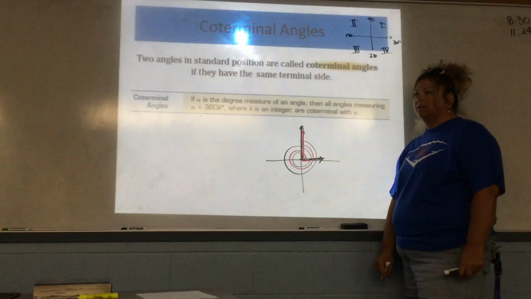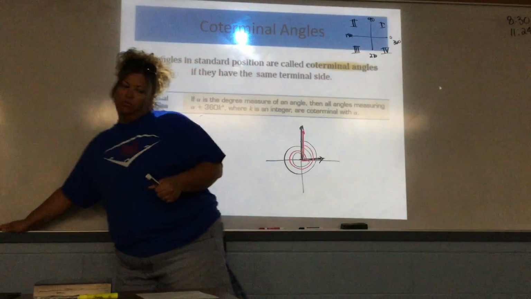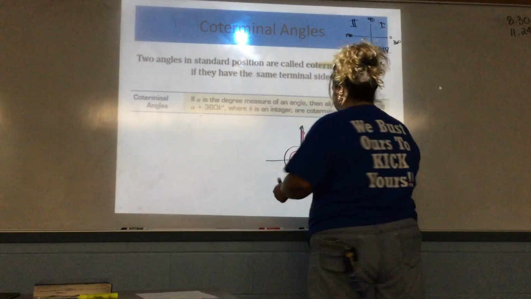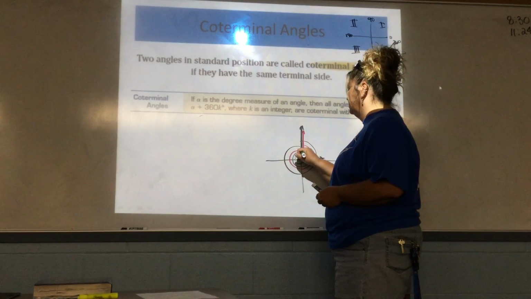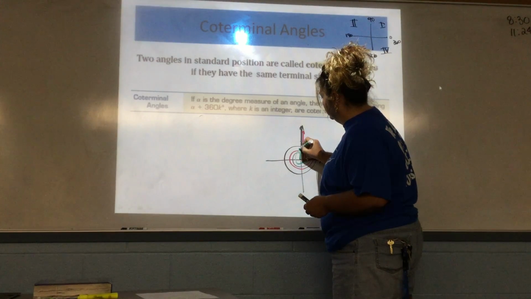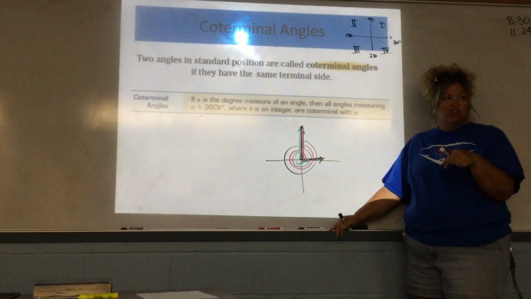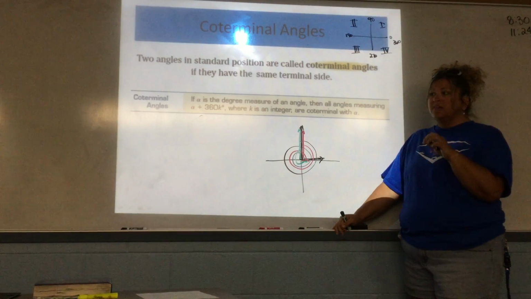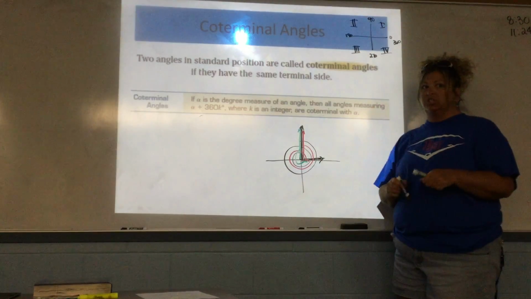Did it go the same amount of rotations? No. I can even have another one that's coterminal that starts in standard position and goes around again. They start and they stop in the same place, but the amount of rotations is going to change.